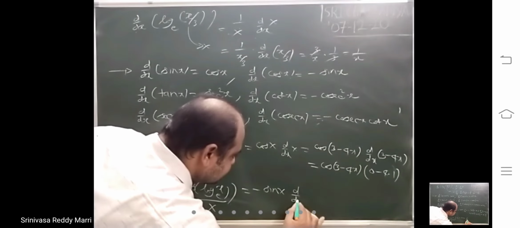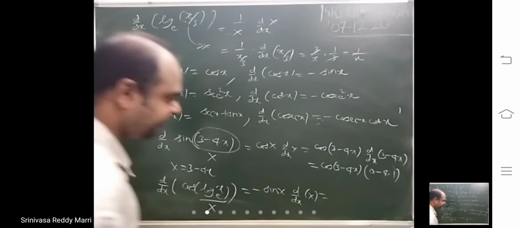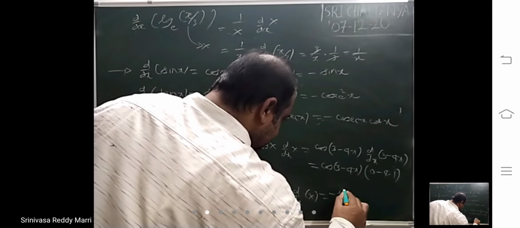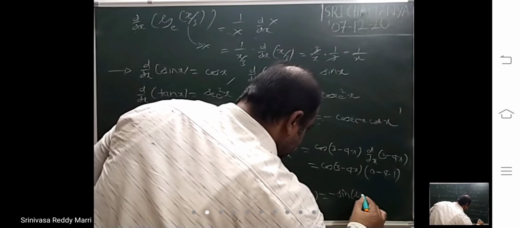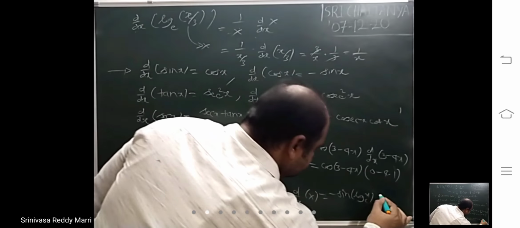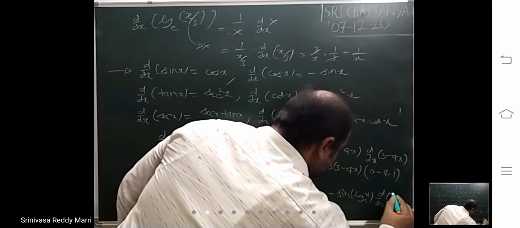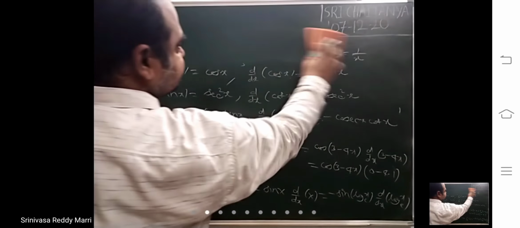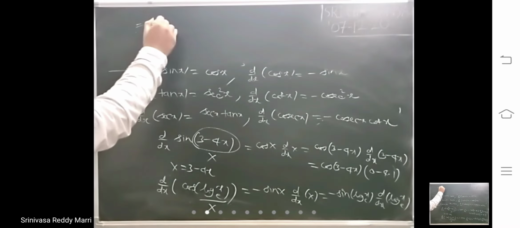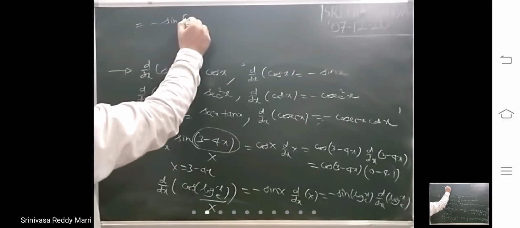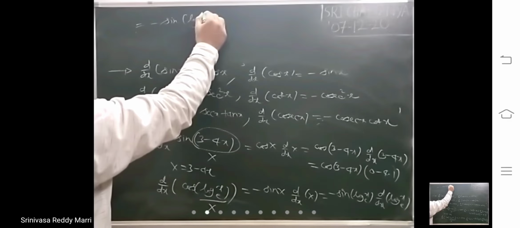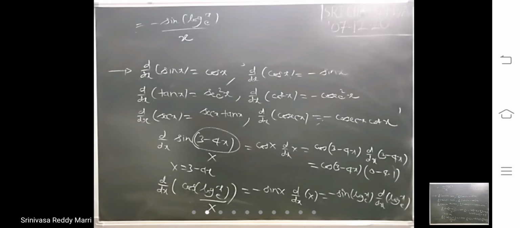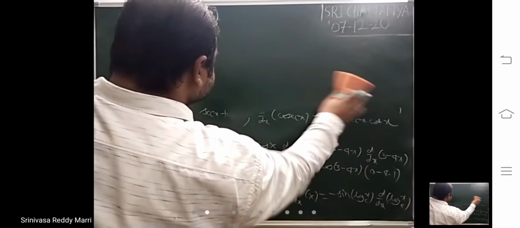Minus sin capital X into d by dx of capital X. So minus sin of log x, substituting capital X. Now d by dx of log x is a standard rule, 1 by x. So that ends the differentiation.